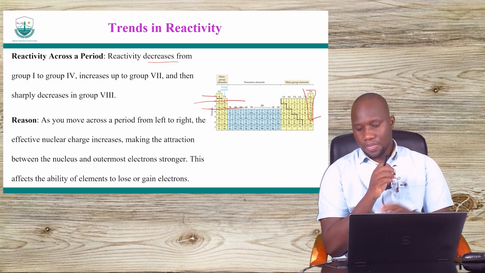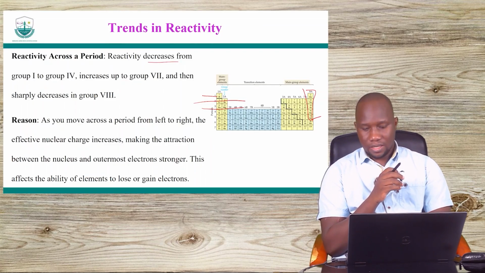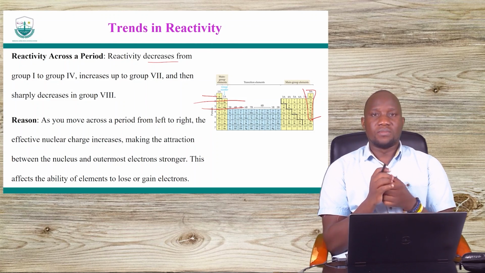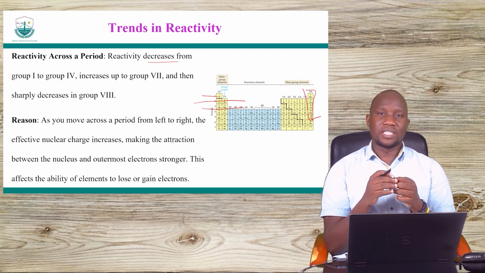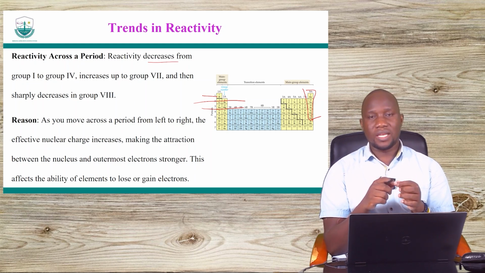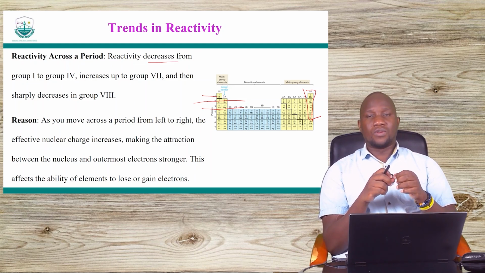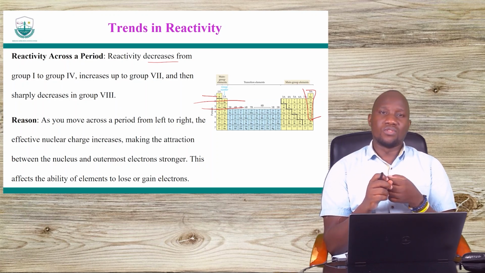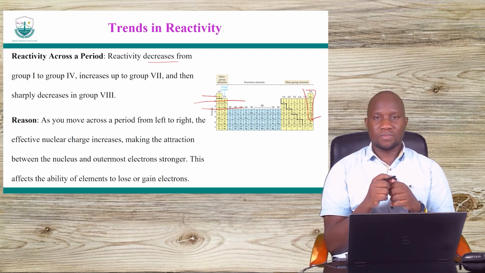Okay, so that marks the end of this presentation, where we have looked at the periodic table. We said that the periodic table contains elements arranged according to their atomic numbers. The atomic number is what we call the number of protons in the nucleus of an atom.